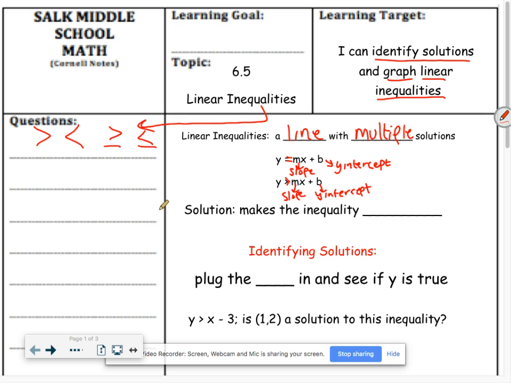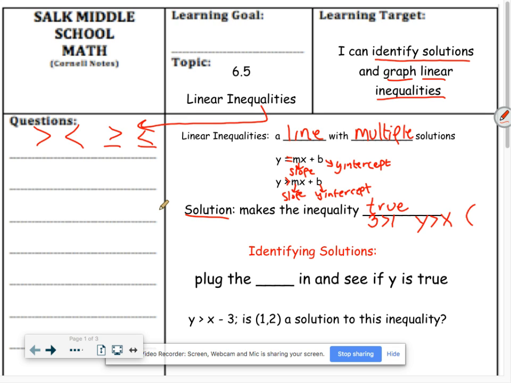One of your first learning targets is to identify solutions of a linear inequality. A solution makes the inequality true. That would be something like 3 is bigger than 1. If I had that, then yes, that is a solution because it's true. Or, let's make it a line, like y is greater than x.